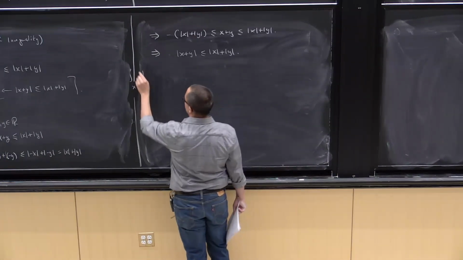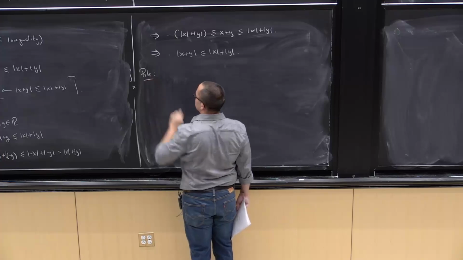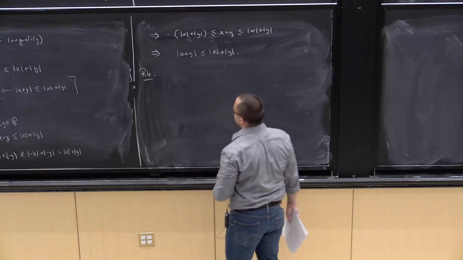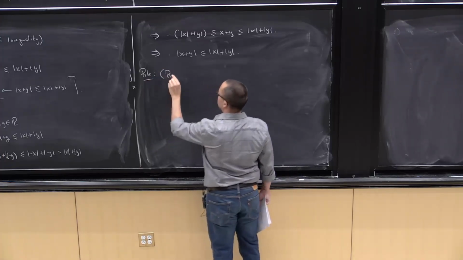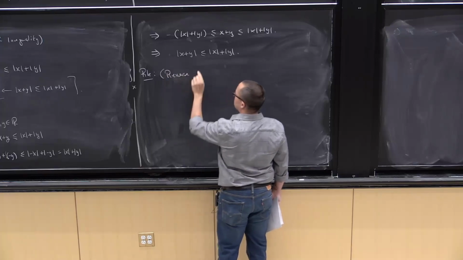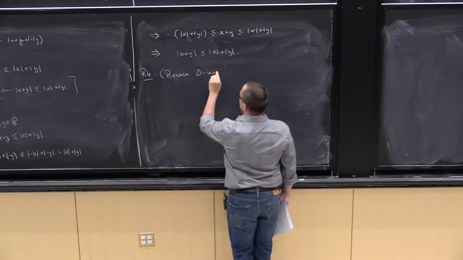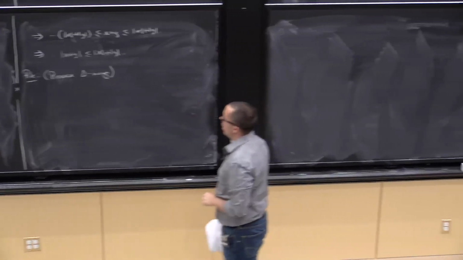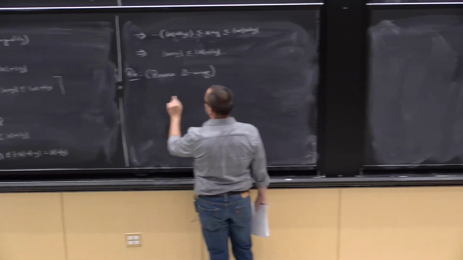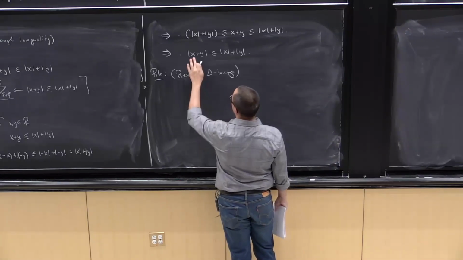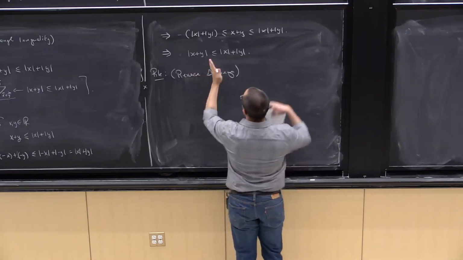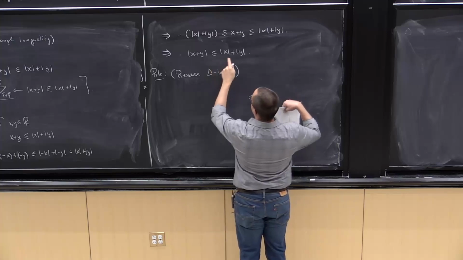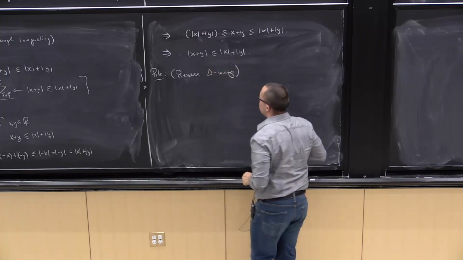So let me just make a remark about the reverse triangle inequality, which will make an appearance in your assignment. This involves the absolute value of x minus y and the absolute value of the difference in the absolute values. Why is it reversed?